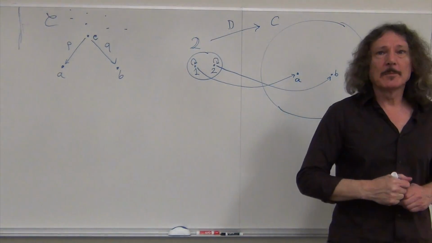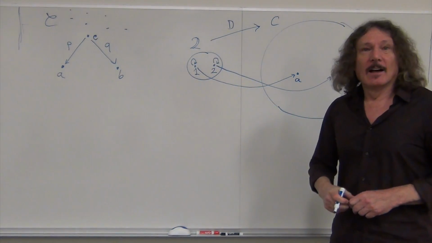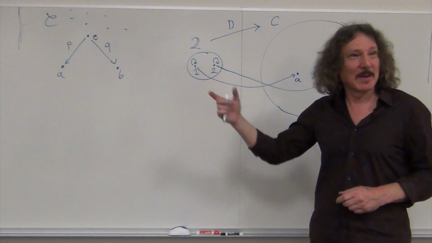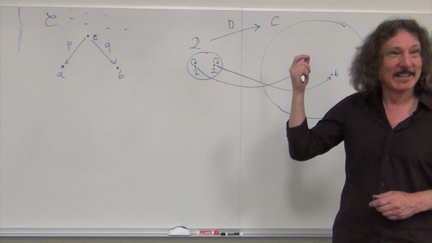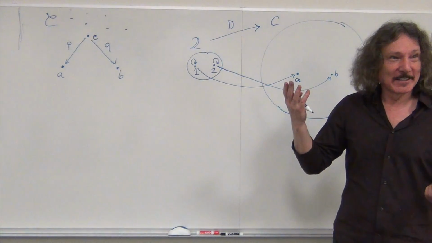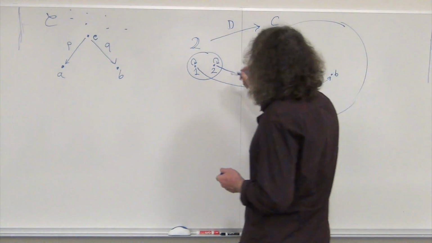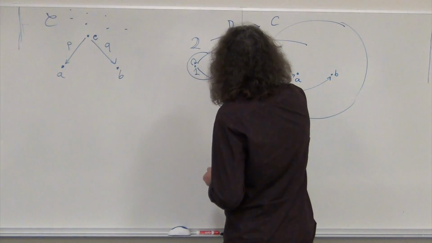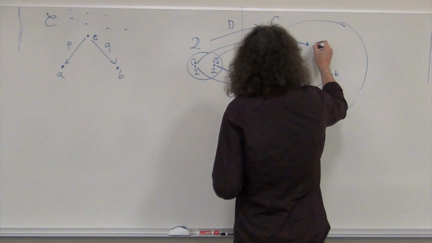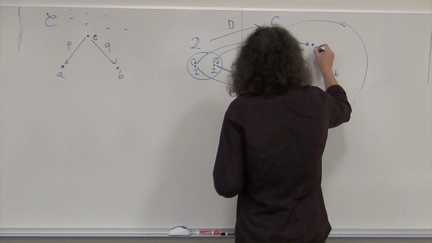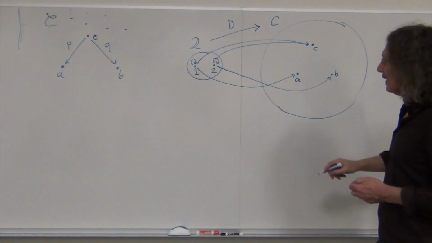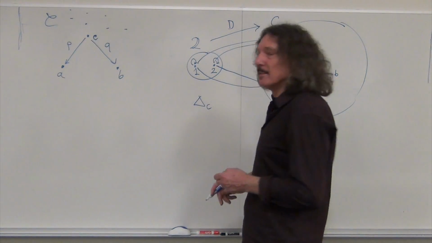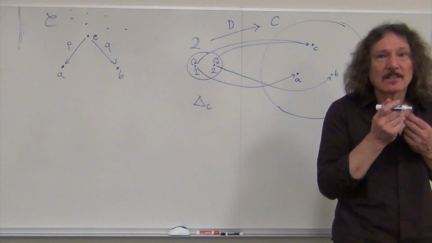I'm going to say, well, what about these functors that map both to a single object, right? These are also functors, right? So there is a functor that will map both objects into the same object. Let's call this object C. And this functor is called delta C. Delta C, it's a constant functor, right?